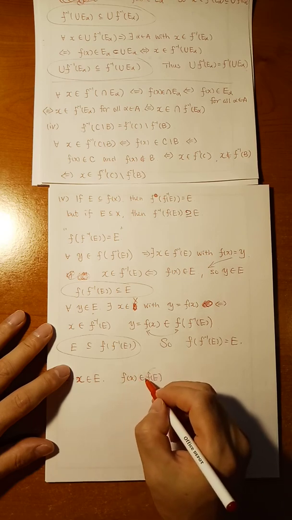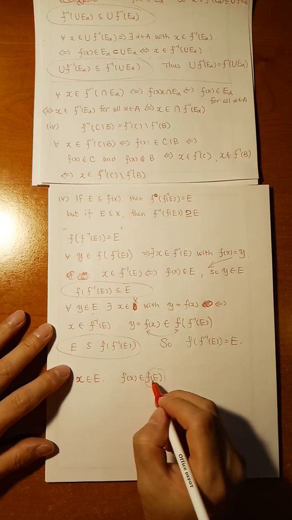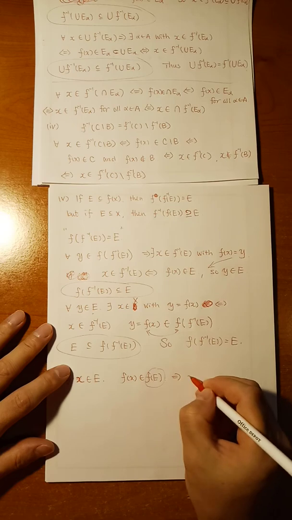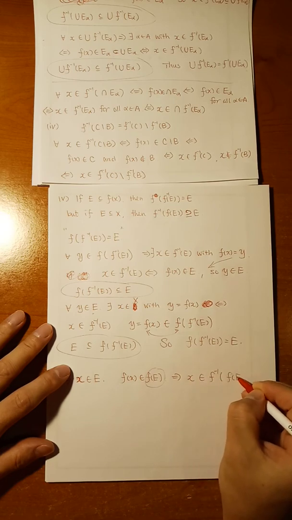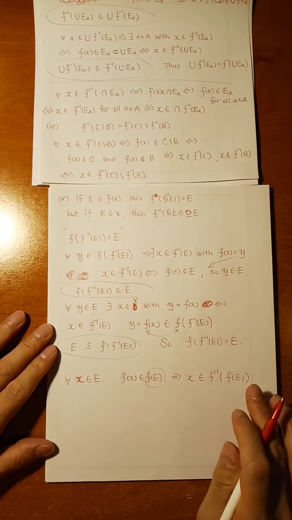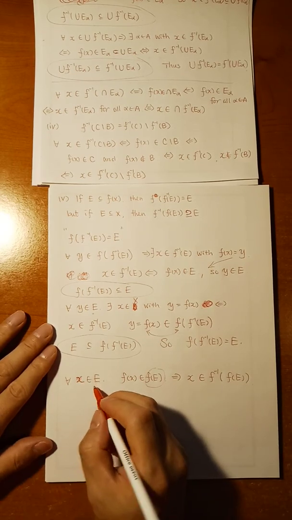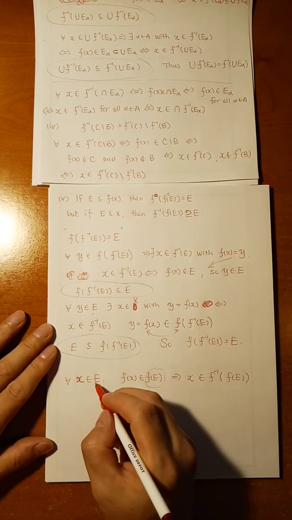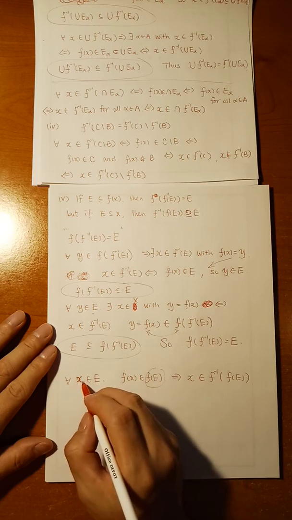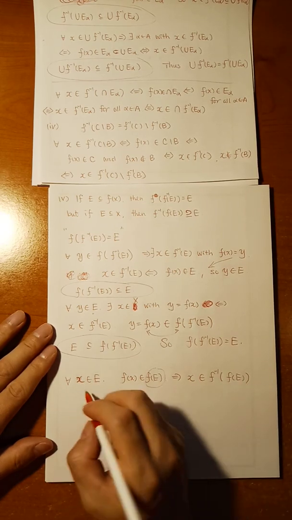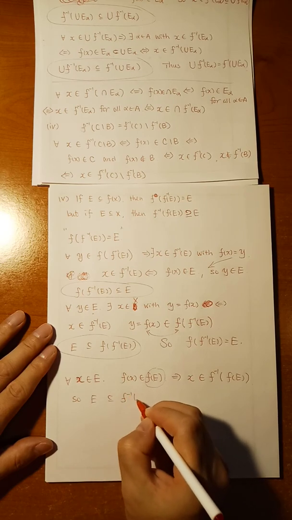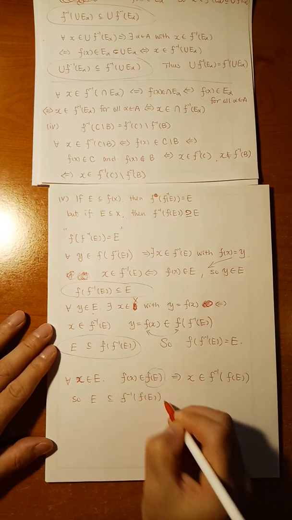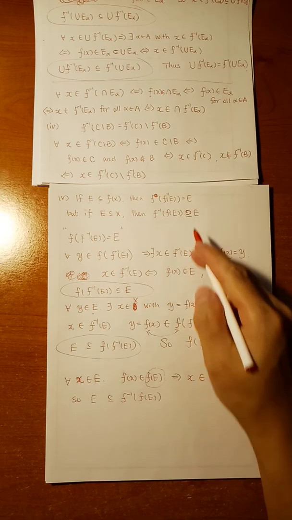By definition, you consider this as a set, f(x) is in the set. This implies x belongs to the inverse image of the set. So every element of E belongs to f inverse of f of E. So E is a subset of f inverse of f of E. That's it. We only need one direction.